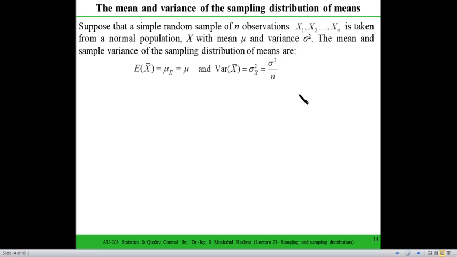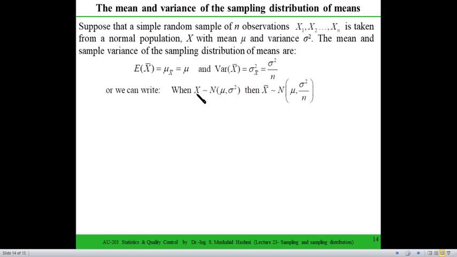We understand that this is the case where we are sampling with replacement. Otherwise you have a correction factor of capital N minus small n over capital N minus 1. So this is what we have derived.